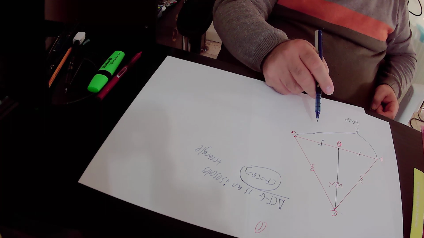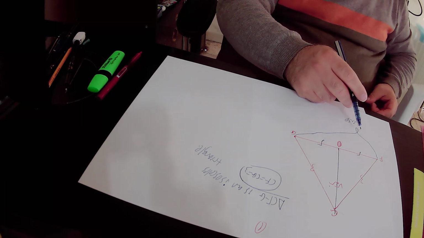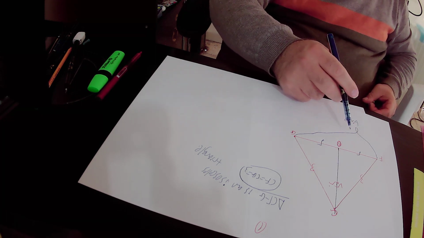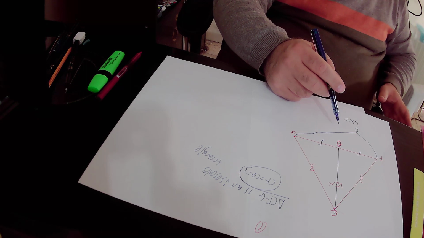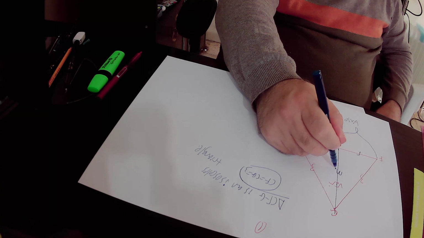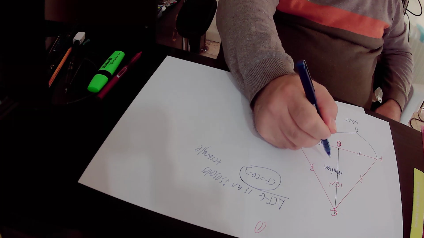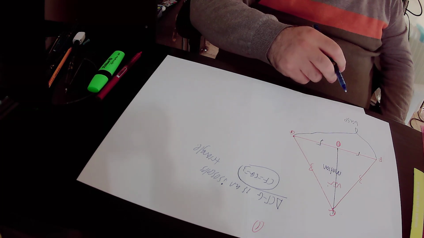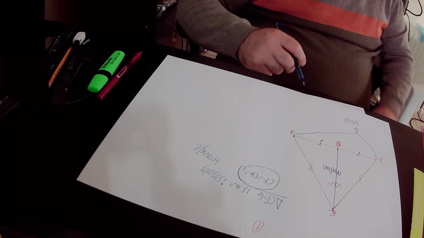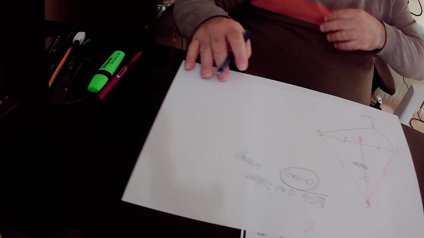And because of the fact that segment CO divides the base FG into two equal parts, this is exactly the definition of a median. So CO is the median to the base FG because it divides the base FG into two equal parts. And we also have rule number 4 that is related to the median to the base of an isosceles triangle.